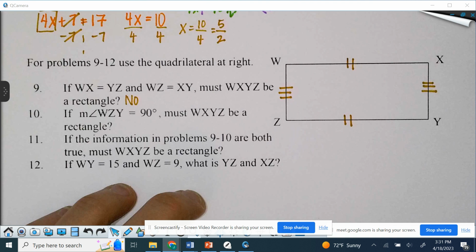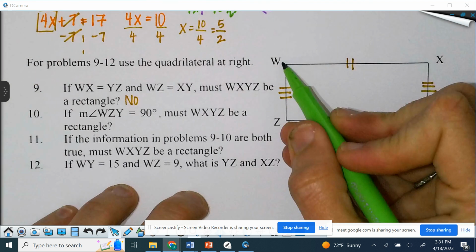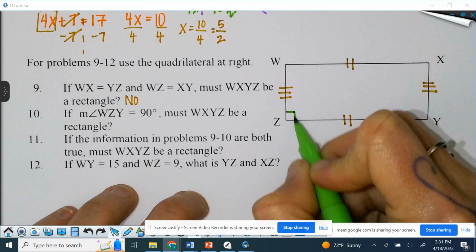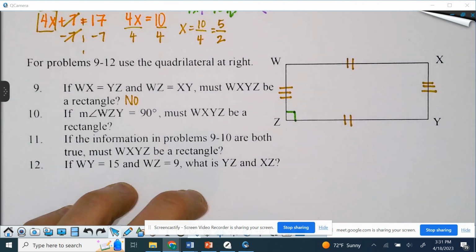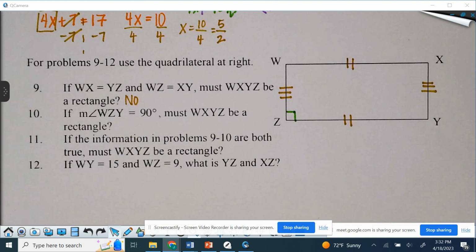So if WZY is 90 degrees, must it be a rectangle? With all that added information, so if that's the only statement you have, it's not enough. If it's tacked on with number 9, it is enough. If it's the only statement, it could be a rectangle or a square, which a square is a rectangle as well.